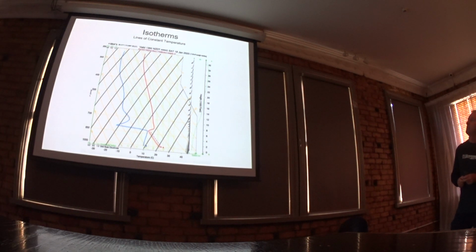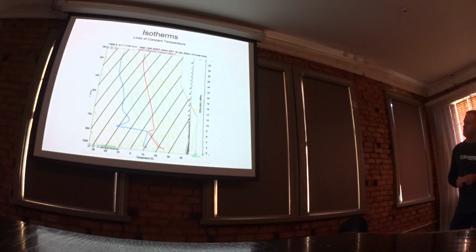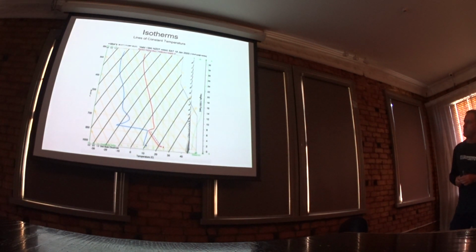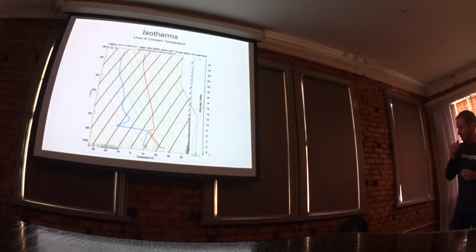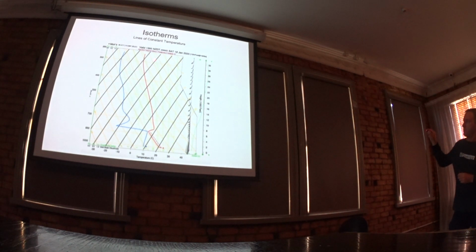Next slide. So isotherms are these diagonal lines going from left up to right, and they are just lines of constant temperature. So we know that this is a temperature line, and this is a dew point temperature. To get a temperature from anywhere on those lines, say we want the temperature where the inversion starts, we can just run down parallel to the black lines.